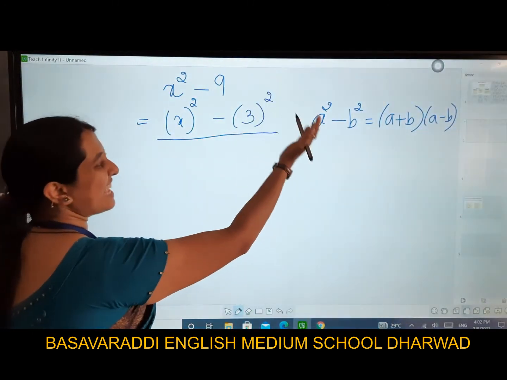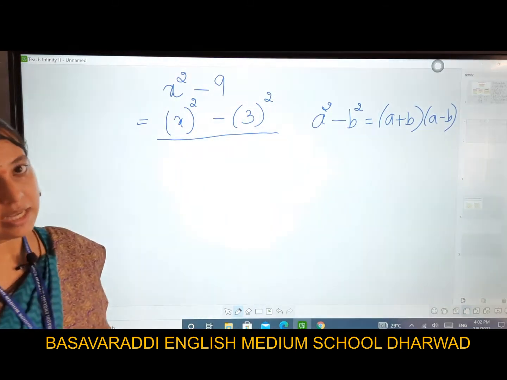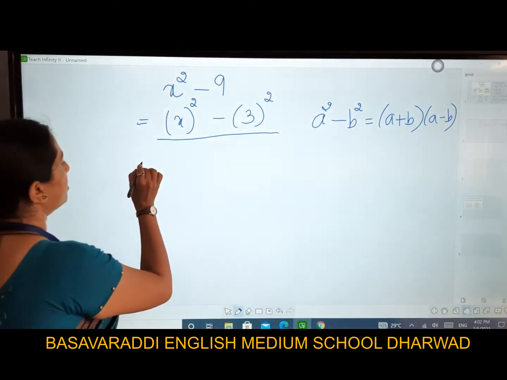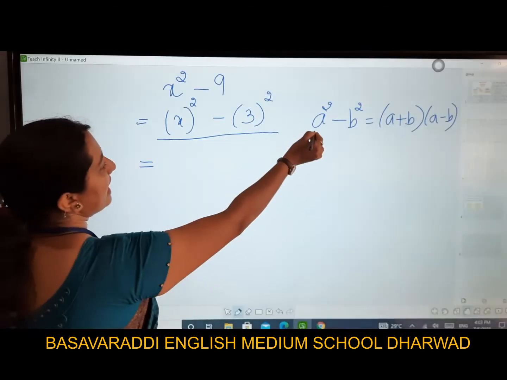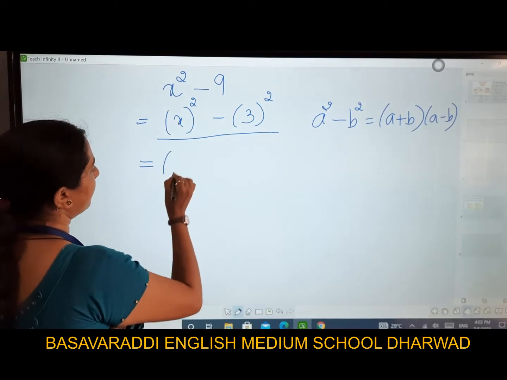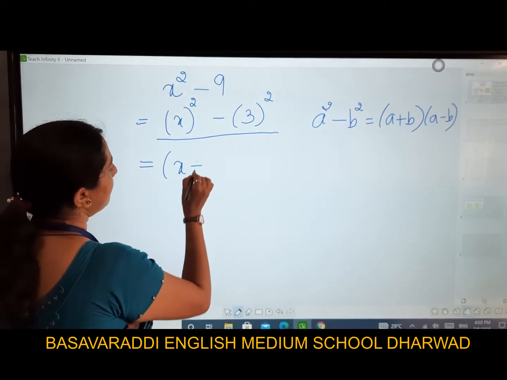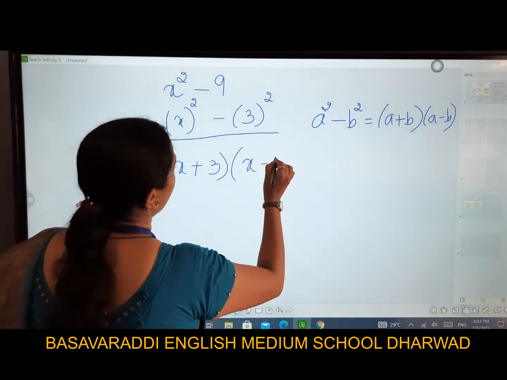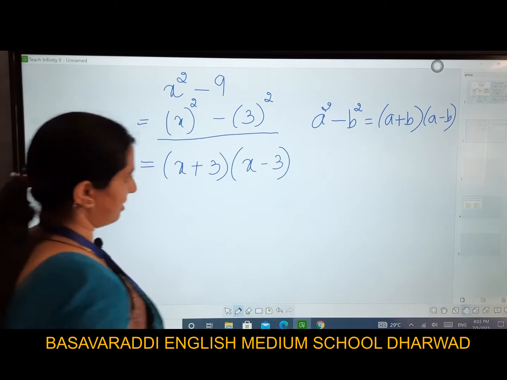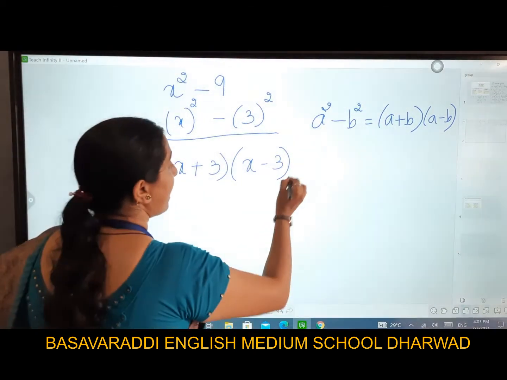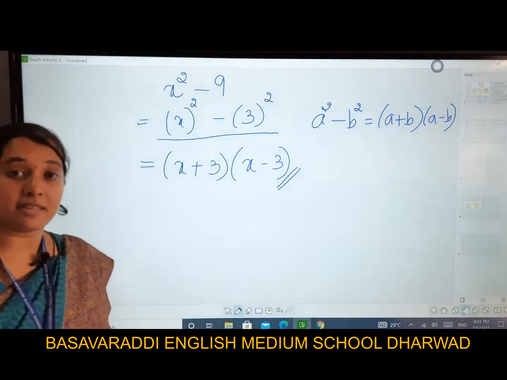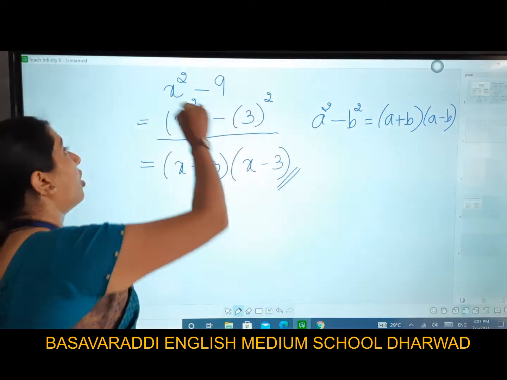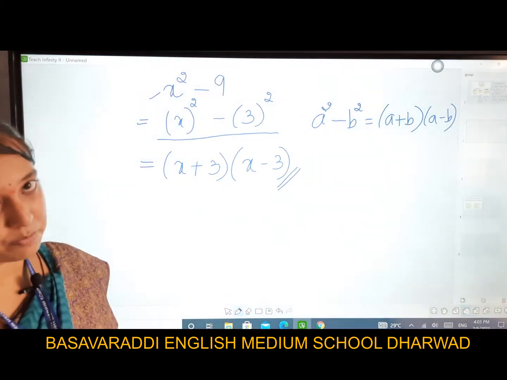Just use the same identity for this particular expression here. So therefore, a is nothing but x. So I'll take it as x plus 3 or x minus 3 there. Yes, that means x plus 3 and x minus 3 are the factors of this particular expression.